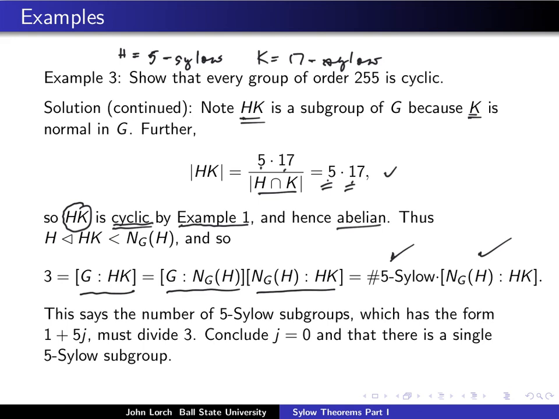So what we are requiring now is that the number of 5-Sylow subgroups, which must have this form, must also be a divisor of 3. And the only way that that can happen is if j is 0, so that there is a single 5-Sylow subgroup. And that concludes the result.